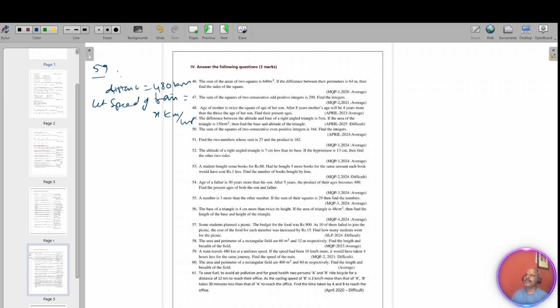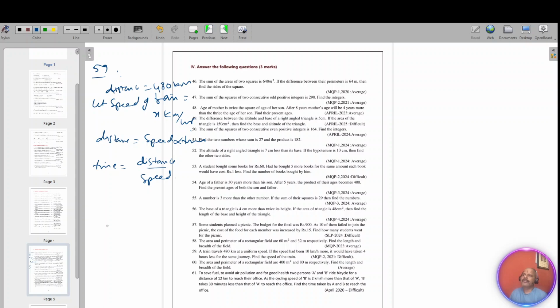Then what is the time? See, we know distance is equal to speed into time. We know that, right? So just write it. Distance is equal to speed into time. Here time is what then? Distance by speed.